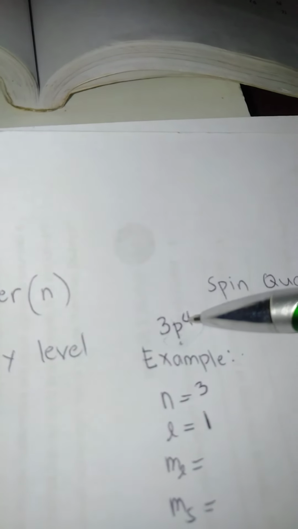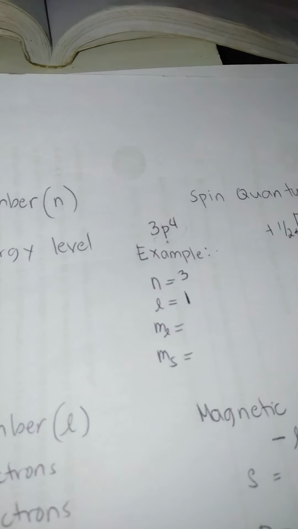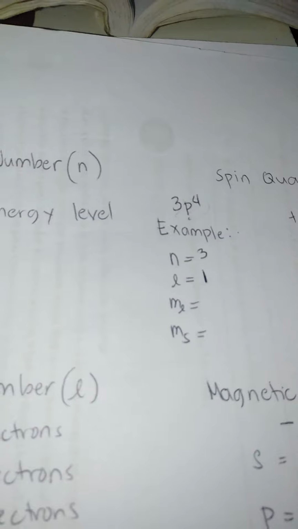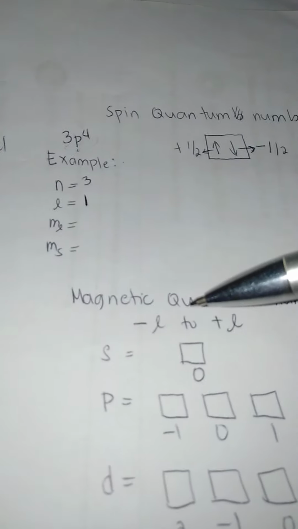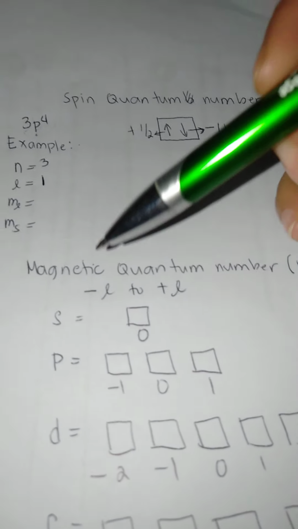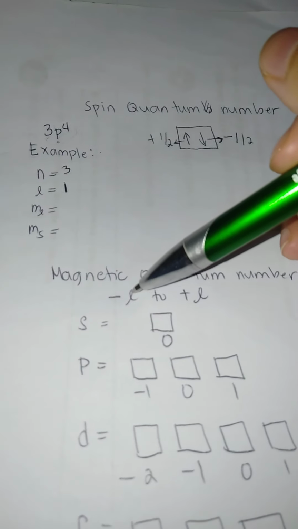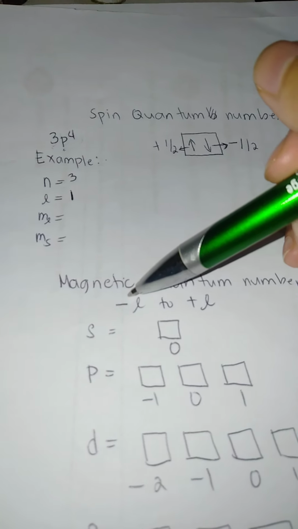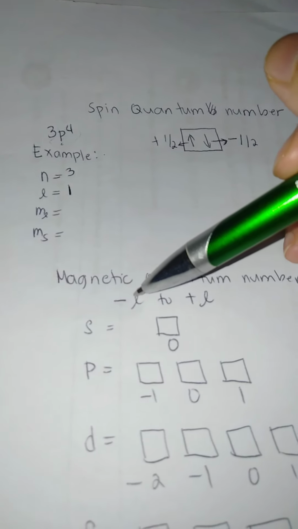How will we know that this 3p4 element is magnetic or not? Let's proceed. M sub L. Please remember this one. In determining the magnetic quantum number, you need to know this equation.